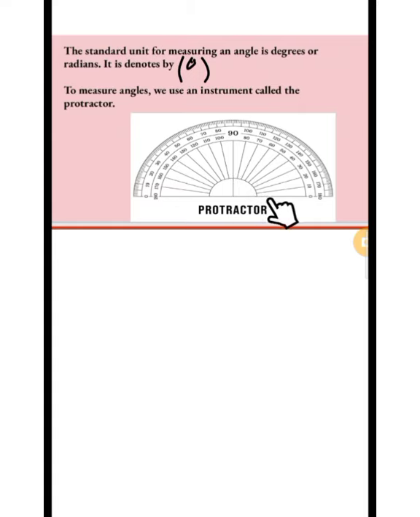This is called the baseline. It is the center point, and this is the 0 degree to 180 degree inner scale, and in the outer scale we also have the same numbers but in the opposite direction, from left to right here, from right to left in the inner scale.